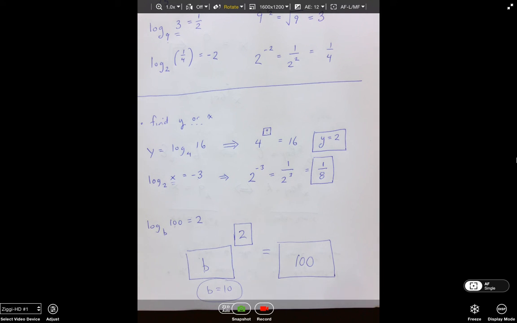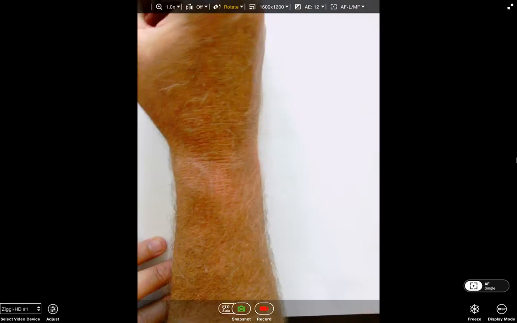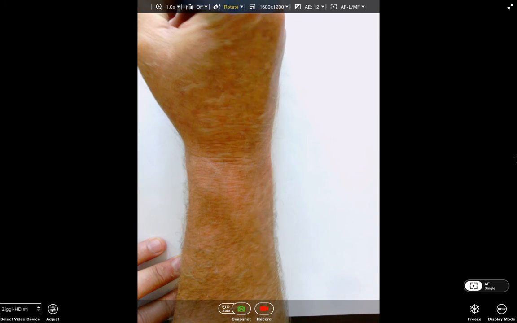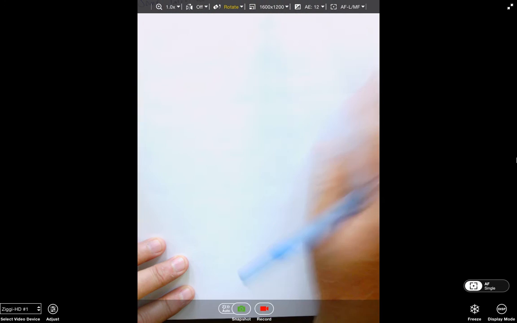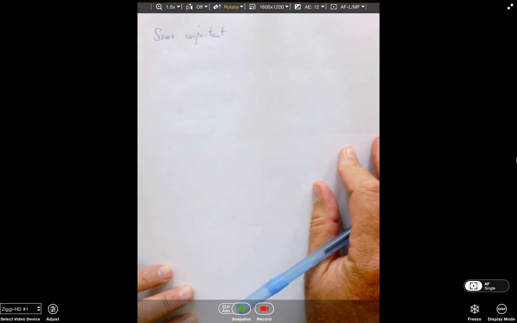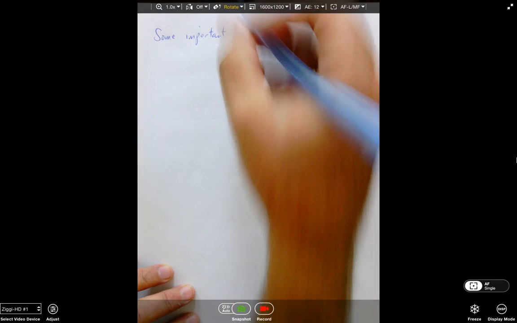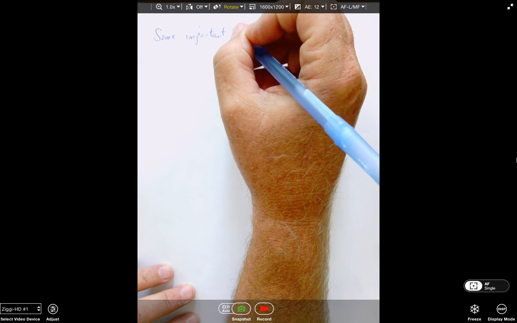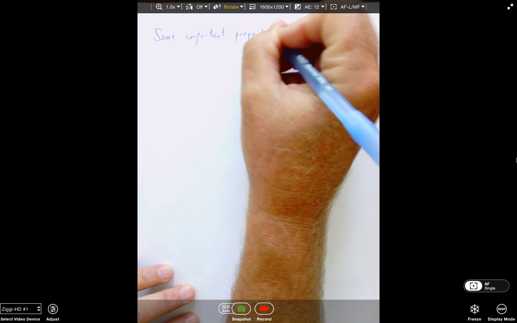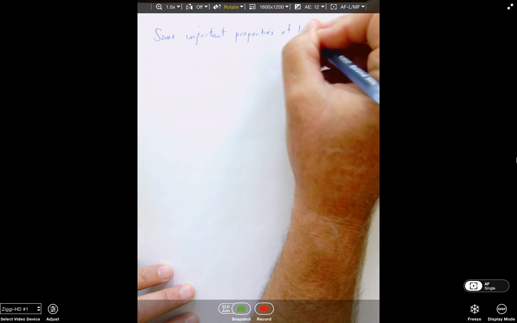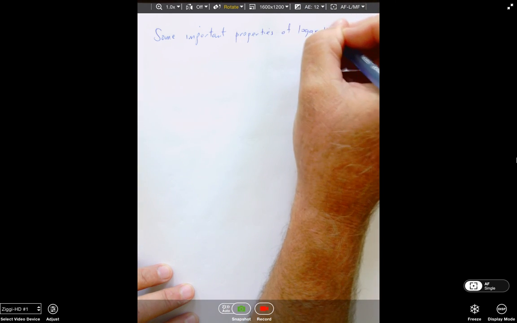Now, guys, there are a lot of properties for logarithms, and I'm not going to cover them all, but I'm going to cover the ones that are important to the goals of this class, at least as I see it. So, some important properties of logarithmic functions.